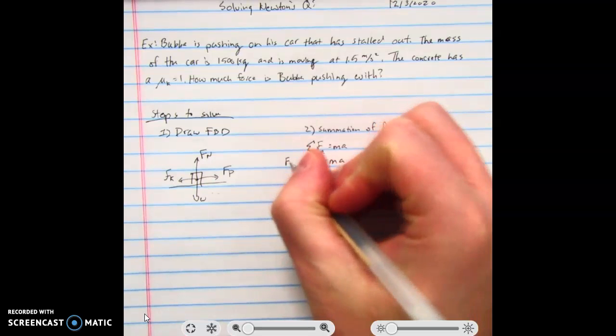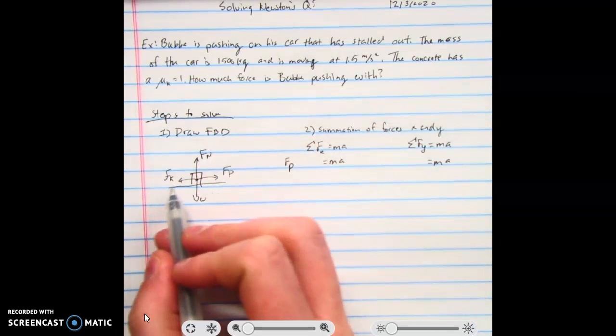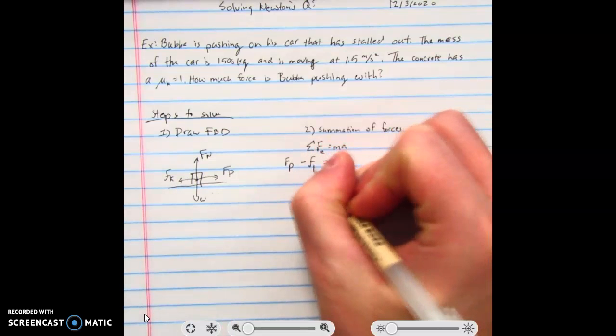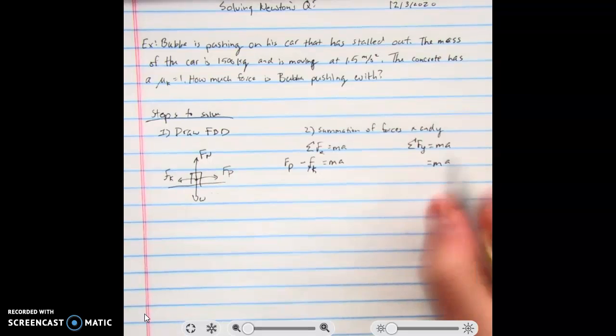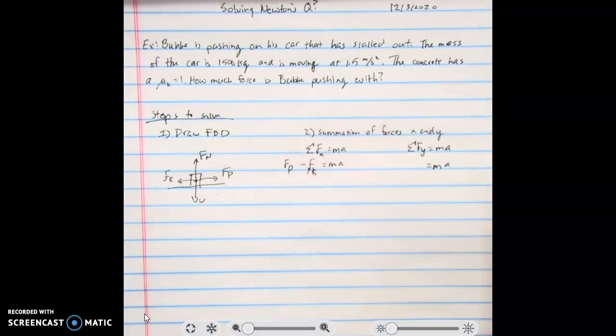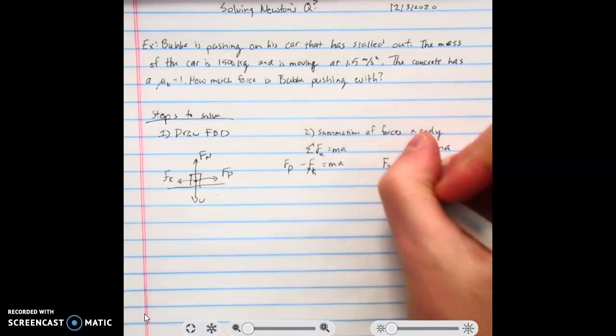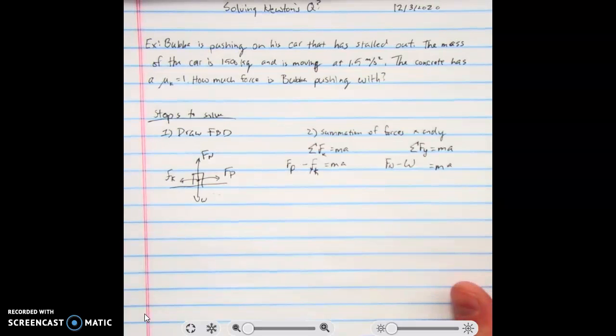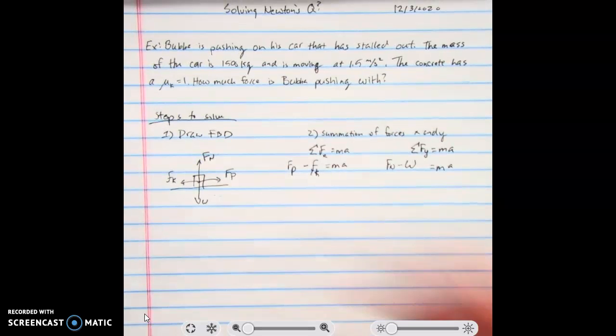So I say force, push. Friction's to the left, so that's negative. So minus force, friction, K. And do the same thing for the y-axis. Normal's up, positive, weight down, negative. So force, normal, minus weight. Bada bing, bada boom. Step 2 is done.